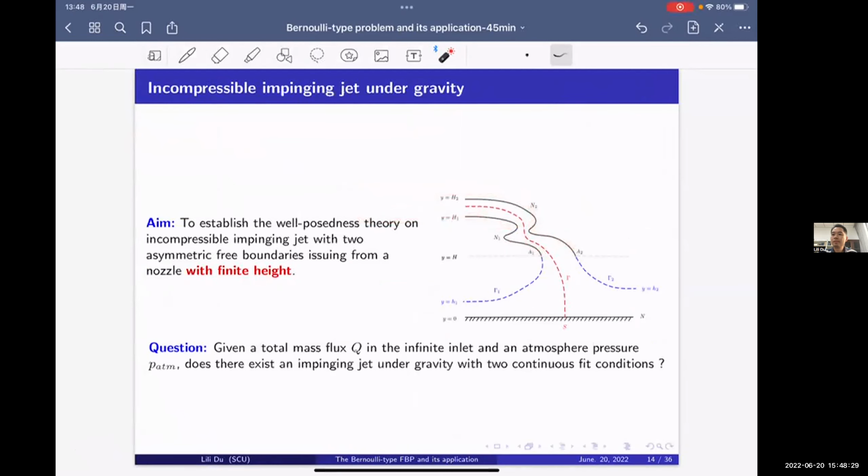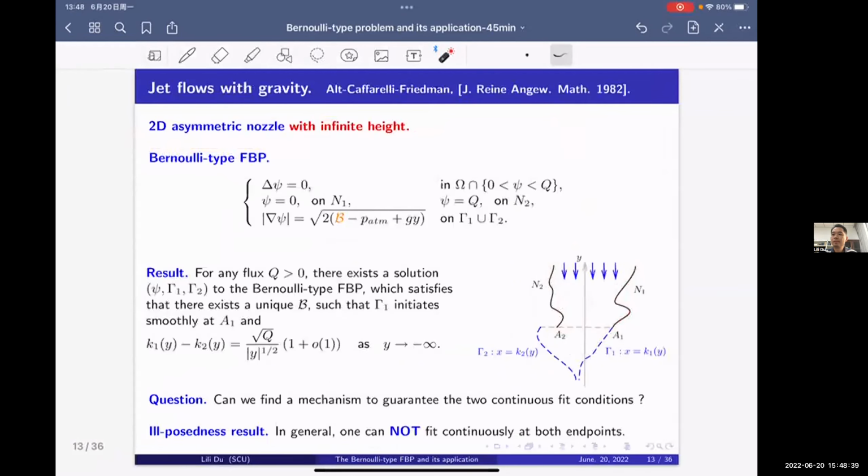So my question is, their example depends crucially on the LOZO being infinitely vertical. You mean they give an example showing that for this asymmetric two-dimensional case you cannot fit, right?